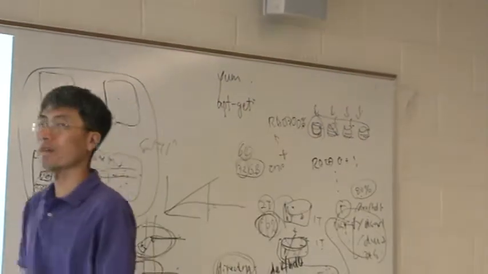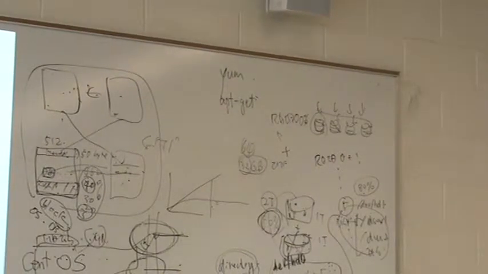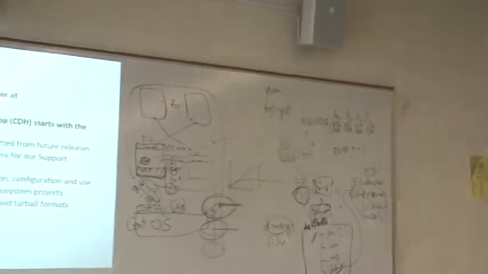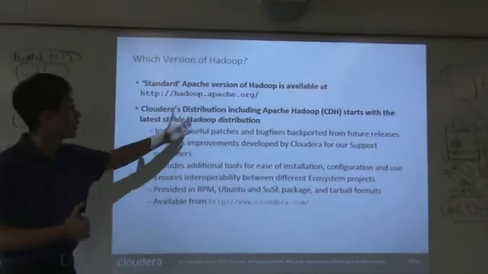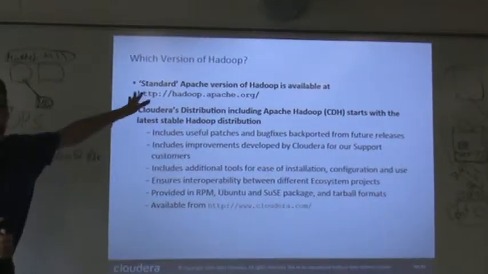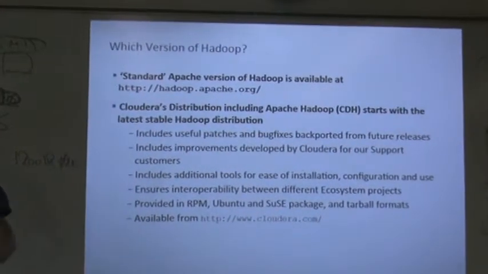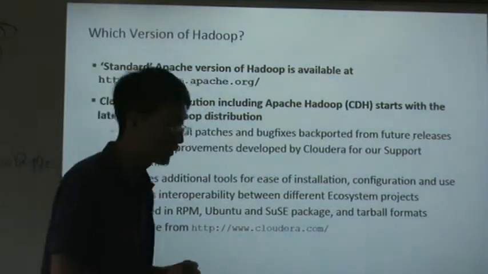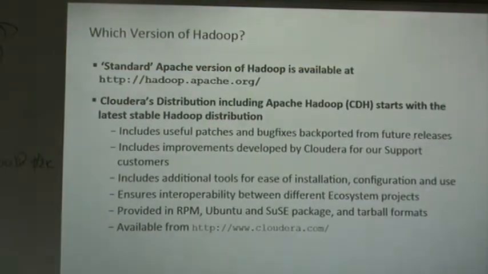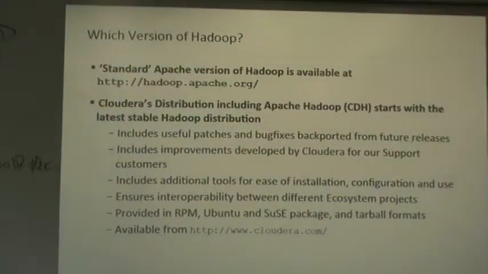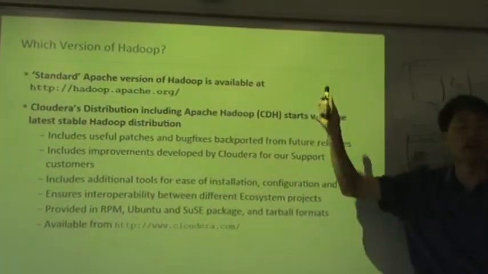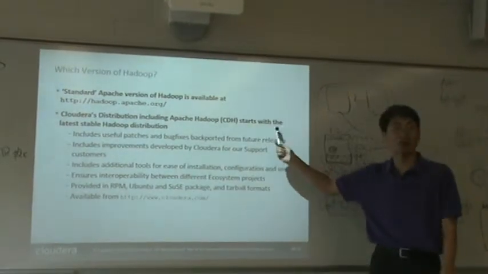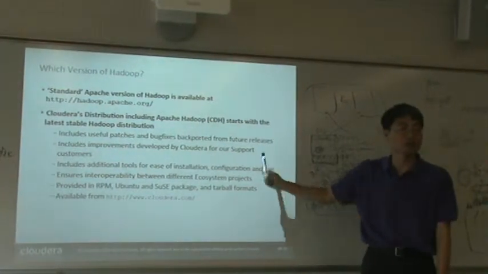However, if you have difficulty with that, just go to Cloudera. You can use the Cloudera distribution including Apache Hadoop, CDH. That includes everything, and you can just download it. I never used this one myself. For installation, I actually download the files and try to understand each and every package. However, I have seen a student of mine install this.